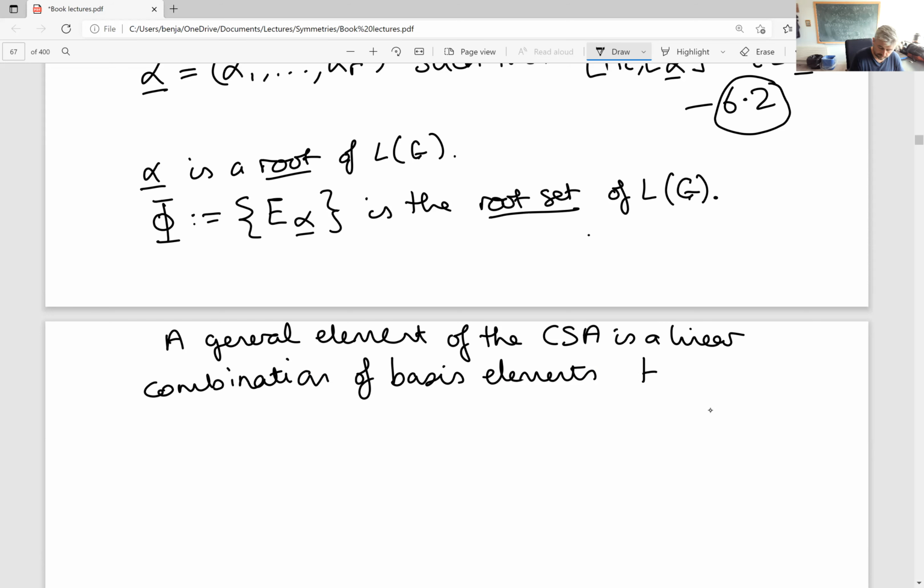So we'll just write this general element as H, and this is defined to be ε_i H^i with a sum over i. So these ε_i are just complex numbers.